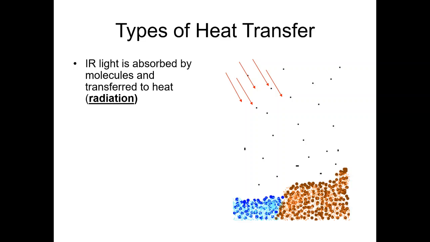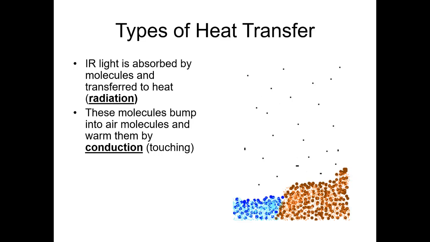So light in the form of infrared electromagnetic radiation is absorbed by molecules. Now, some of this might be absorbed by the molecules in the air, and some of it might be absorbed by molecules on the ground. So you could see one arrow hit an air molecule represented by the black dot. The others ended up going to the ground.